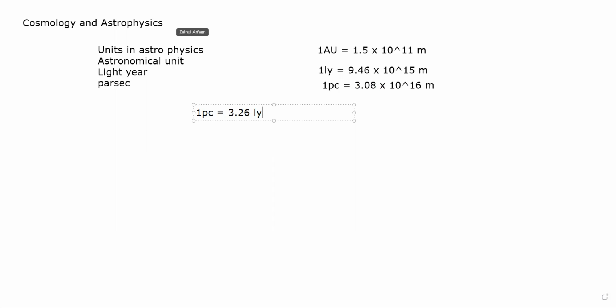And in astronomical units, 1 parsec is equal to 206,265 astronomical units. So these are the comparisons of the units in astrophysics.